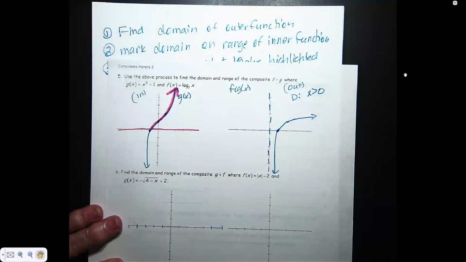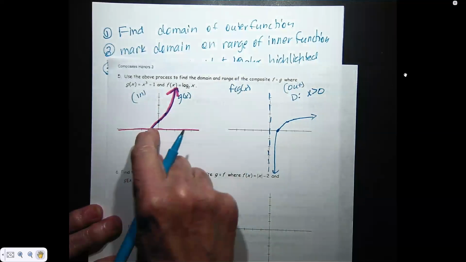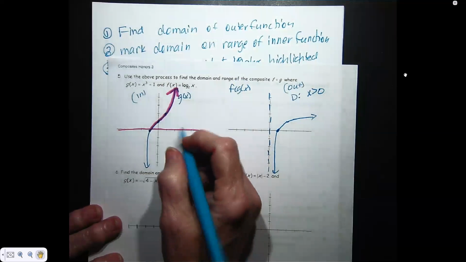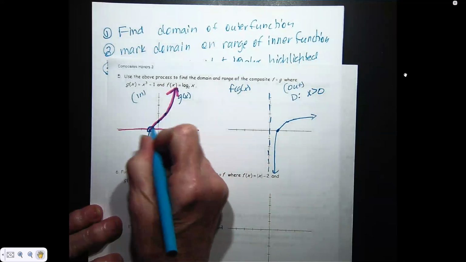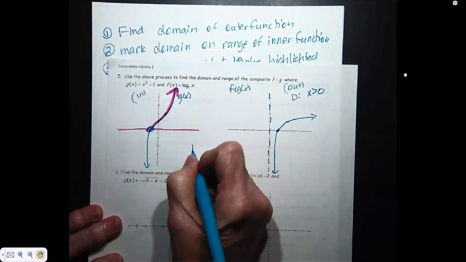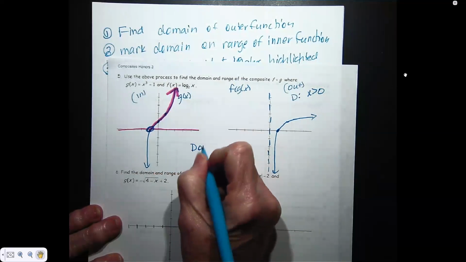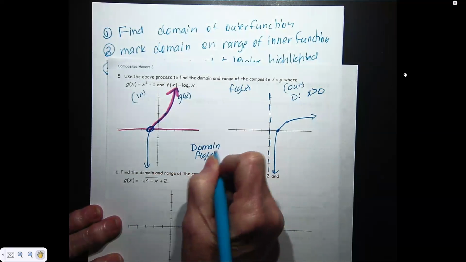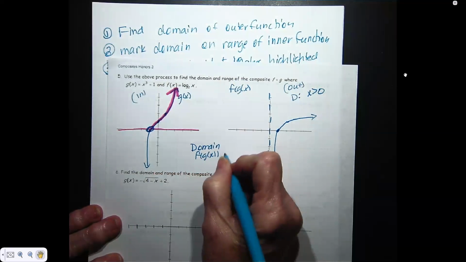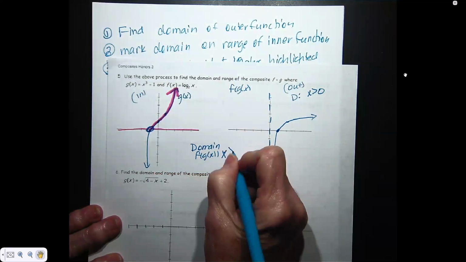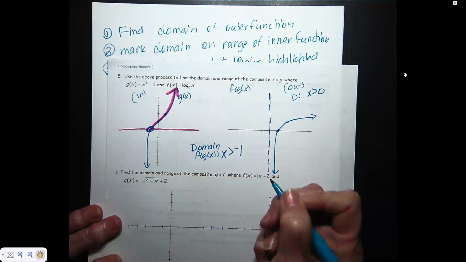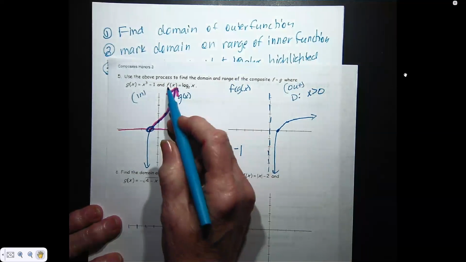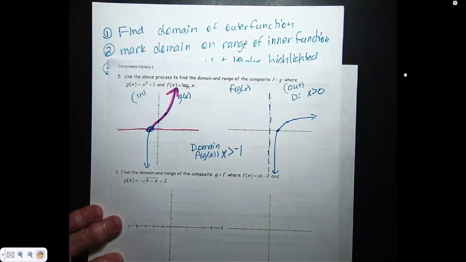So there is where the function is greater than 0. So this is going to be open. So the domain of the composite function would be from x is greater than -1, because that's the x that makes this possible.